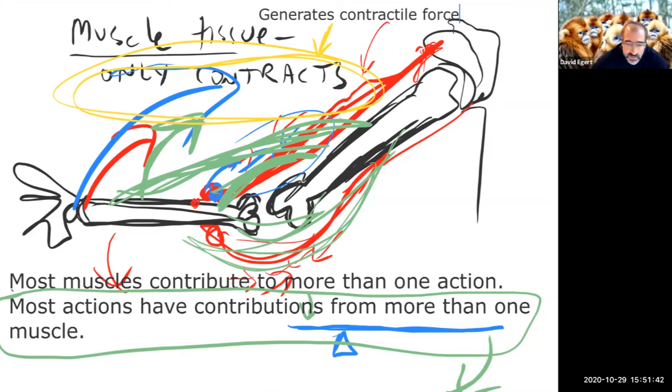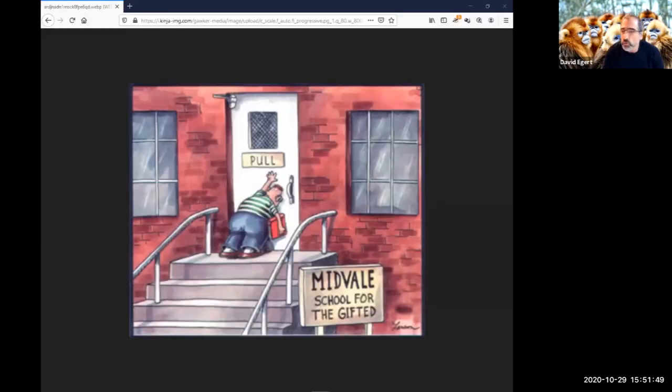Here, this dude, this is like the classic Far Side. This dude is pushing really hard. His muscles are generating a lot of force, but nothing is moving. There's no motion.